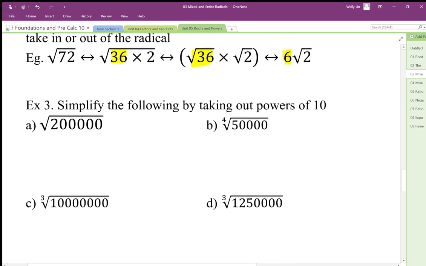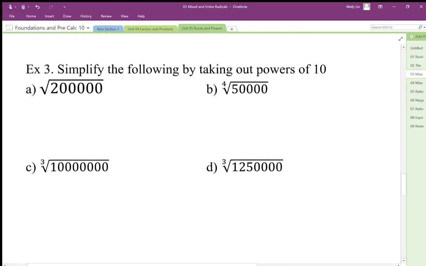So applying that process then, if we have squares, we want to look for powers of 2. Now we can take out 100, which is a power of 2. We can also take out 10,000, which is a power of 2 as well. So I'm going to break this down.